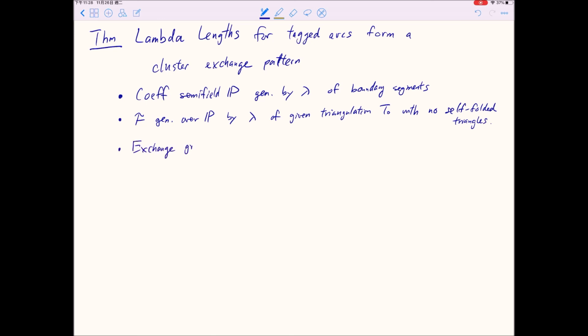The exchange graph is just the exchange graph of the tag triangulations. So seeds will be labeled by the vertices of the exchange graph.